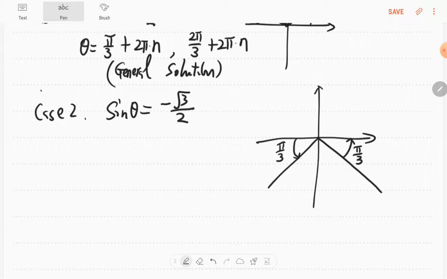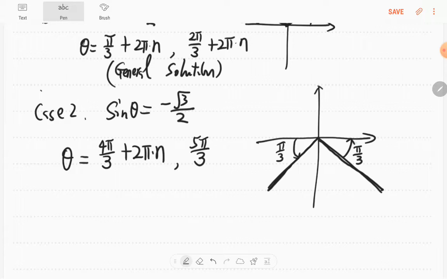angles. Okay, so the angles that share this terminal side would be 4 pi over 3 plus 2 pi times n. So this is theta equals that. Or you have this side, which is actually 5 pi over 3, which is 2 pi minus pi over 3.